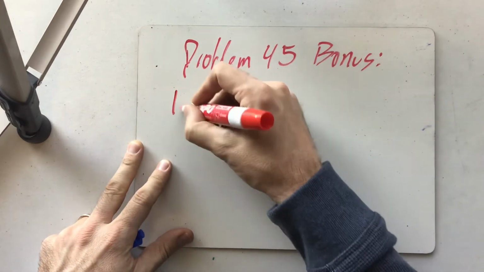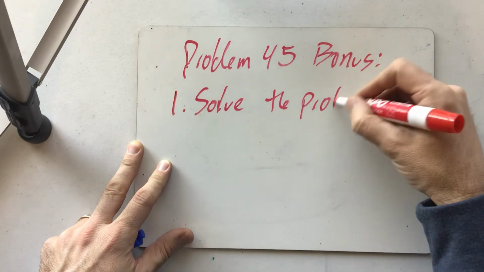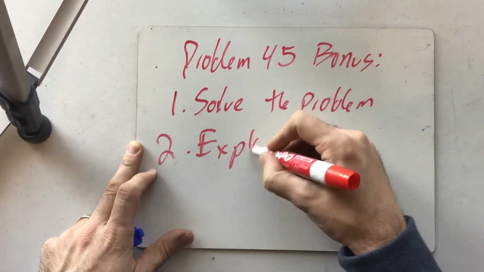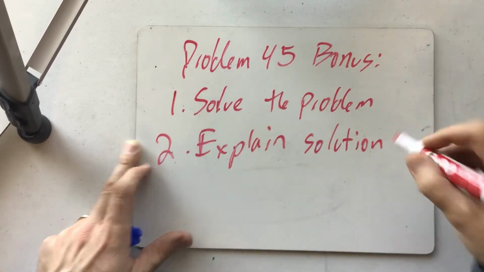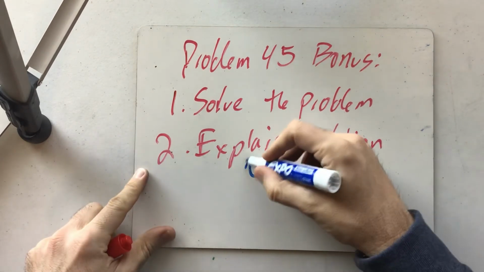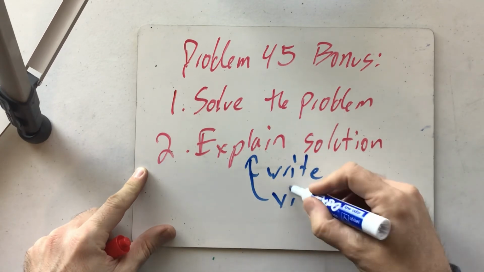So number one, solve the problem, and then you have to explain your solution. How do you explain it? You can explain it in 2 different ways. You can either write an explanation, or you can video an explanation.